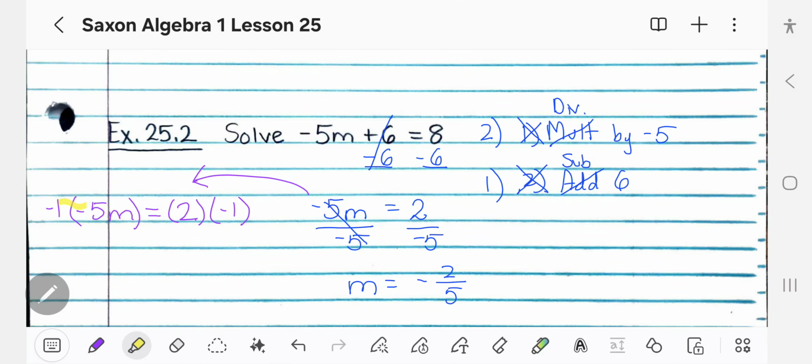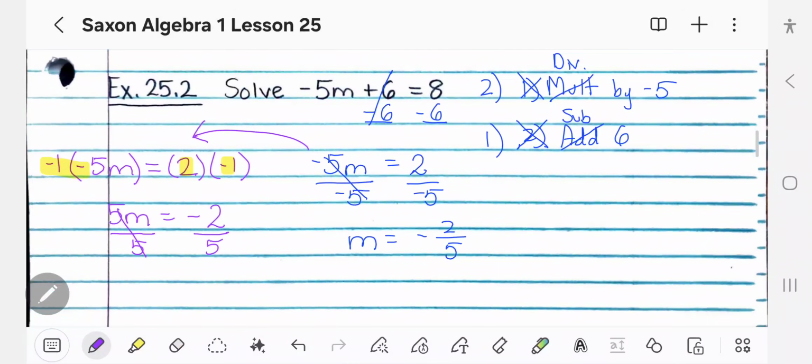Now, what did that accomplish? A negative times a negative is going to be a positive. And then here, you've got this negative times a positive. That's going to be a -2. So when I go to isolate the m, to get the m by itself, I'm still going to get the same answer.